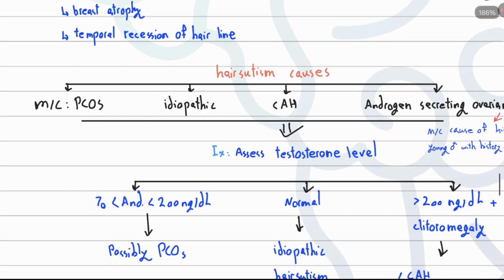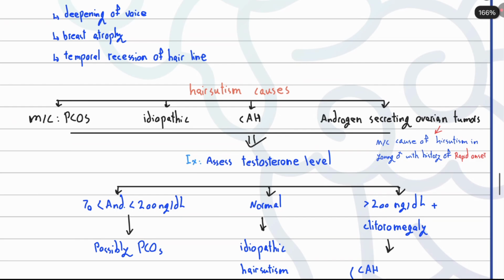That's it. And here is a diagram about causes of hirsutism. As you can see here, the most common cause is PCOS. Another cause is idiopathic. We don't know why these conditions happen. The third one is congenital adrenal hyperplasia, a condition in which adrenal glands are hypertrophied.